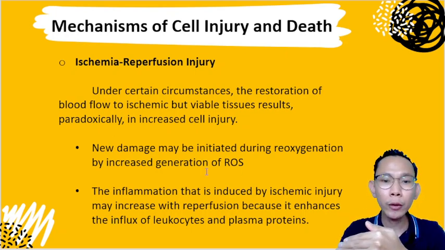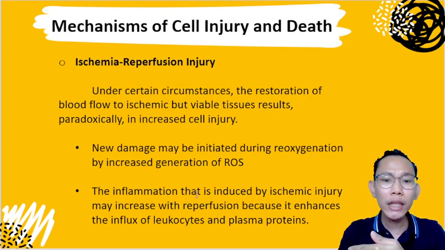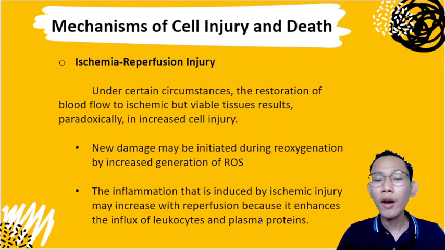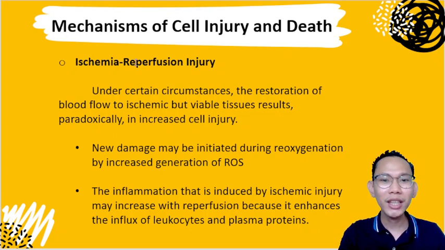Mas tumataas ang ROS, which can cause injury. Dito, pag bumalik na yung blood flow, tumataas din yung inflammation. Nagkakaroon tayo ng mas maraming leukocyte and plasma proteins which will lead into further injury. So that's gonna be your ischemia-reperfusion injury. So it paradoxically can cause increased cell injury.